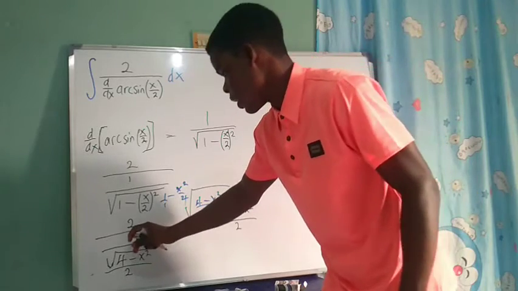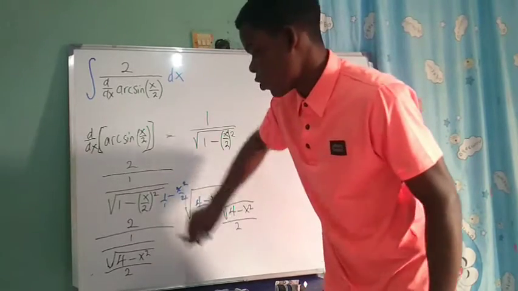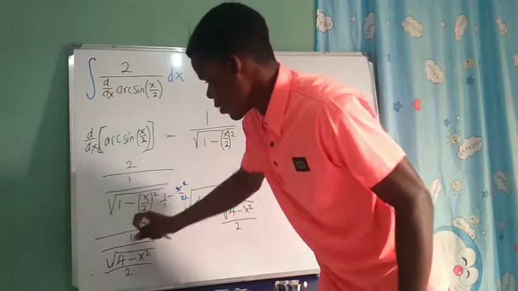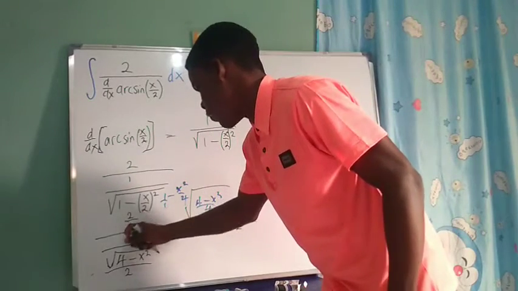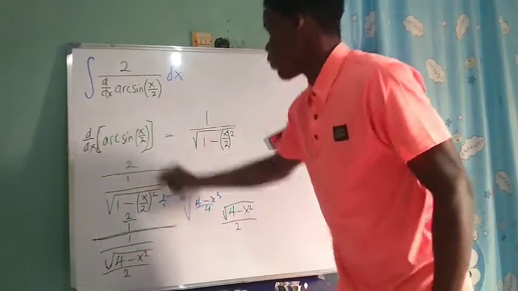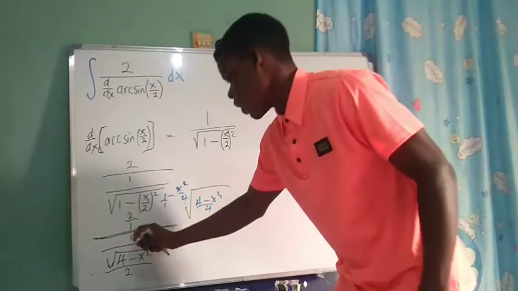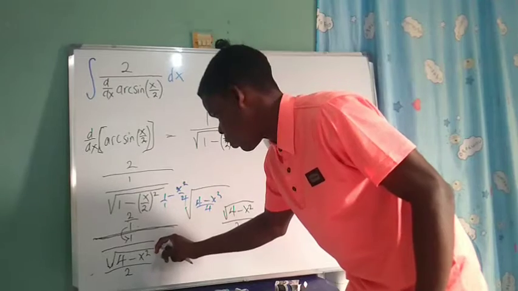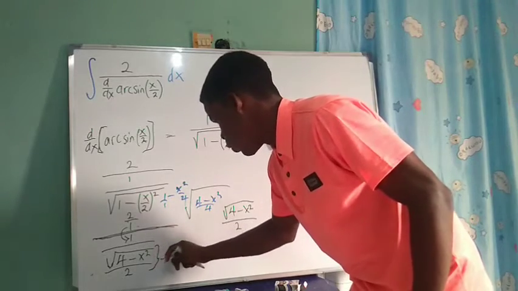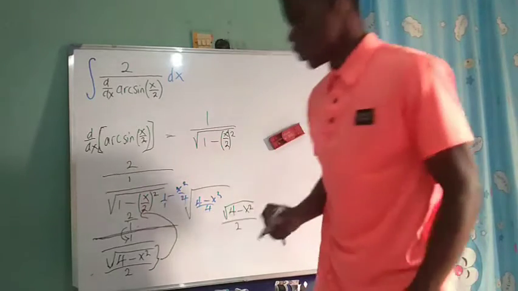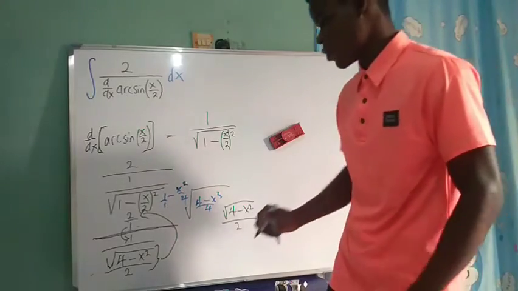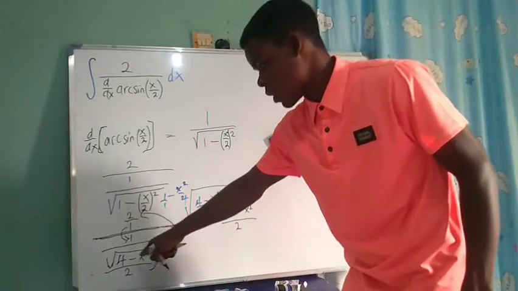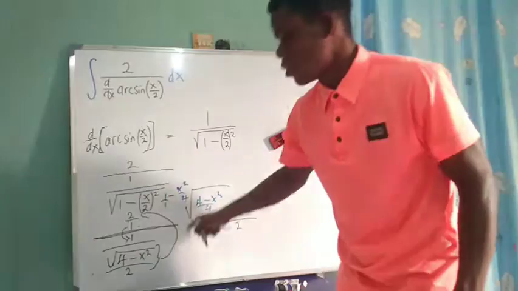We can write this as 2 over 1, that's the main fraction from the question. The 1 will come down right here and the whole of this will go up. We multiply like that. That's what we do in division of fractions: the denominator of the numerator comes down, and the denominator of the denominator goes up.